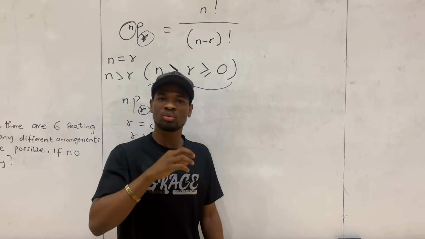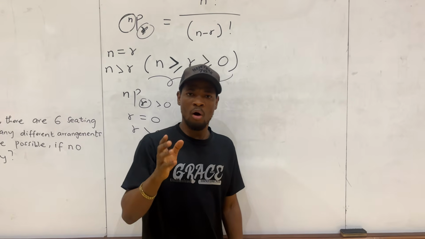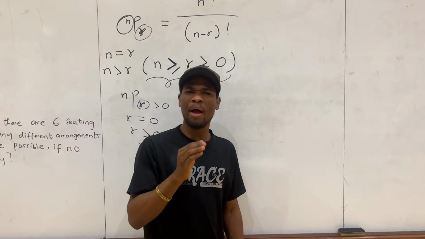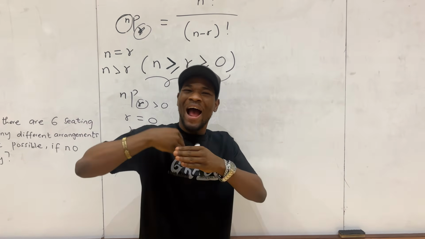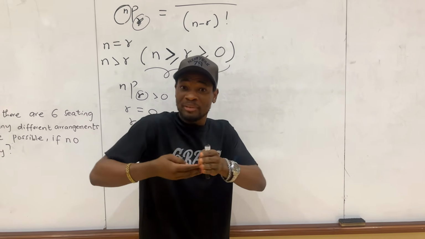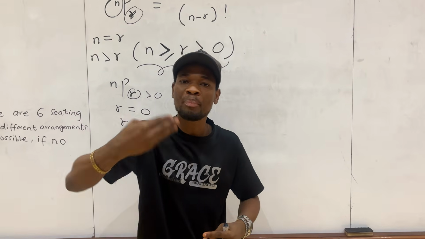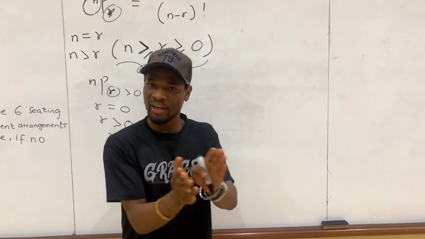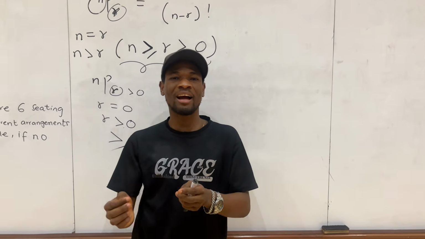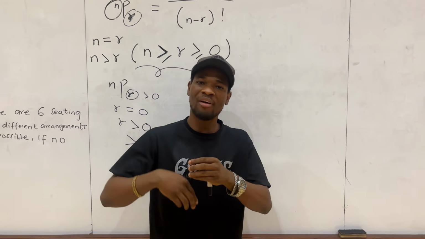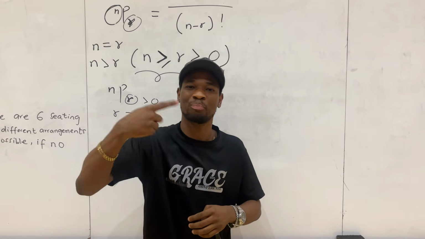Now, for the questions we'll be solving, there can be a situation whereby you have items in the question that are repeating, and you have other questions where you have items but they are not repeating.